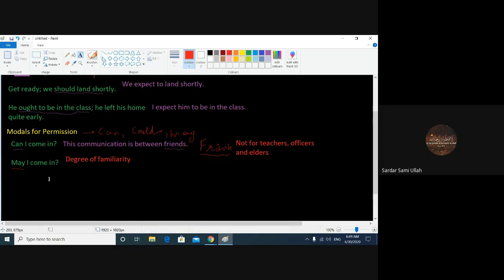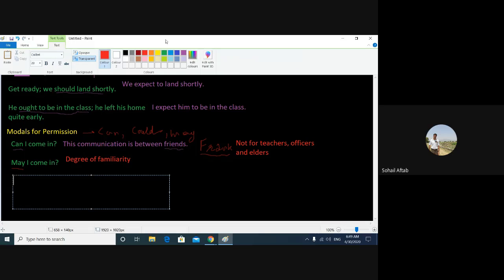Yes, sir. And what is the use of could? Let us see the use of could. Could can be used for polite requests or permissions. Let's make it green. Could for polite requests, oblique permissions.